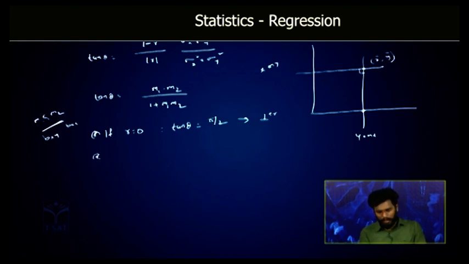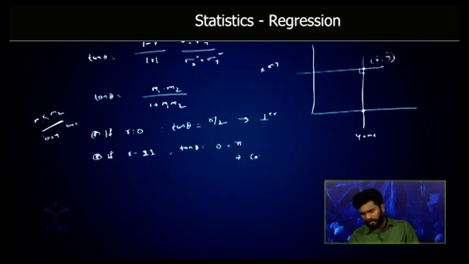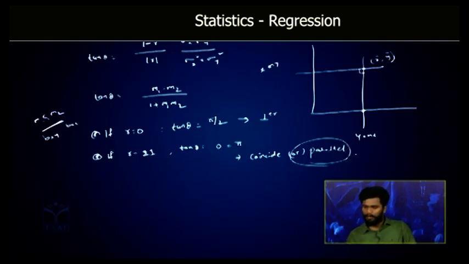Now, if r is equal to plus or minus 1, then what happens? Tan theta will become 0 or it will become pi. That means they either coincide or they will be parallel. The parallel case we can directly rule out, because these two regression lines have to meet at x bar and y bar.